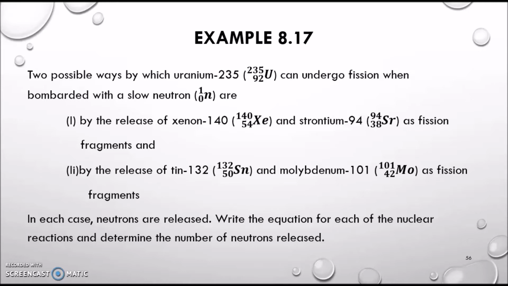In each case, neutrons are released, so we need to write the equation for each of the nuclear reactions and determine the number of neutrons released. When you write the equation, we are going to balance the number of nucleons and the number of protons. From there, we can see the number of neutrons released for these two possibilities of reaction.